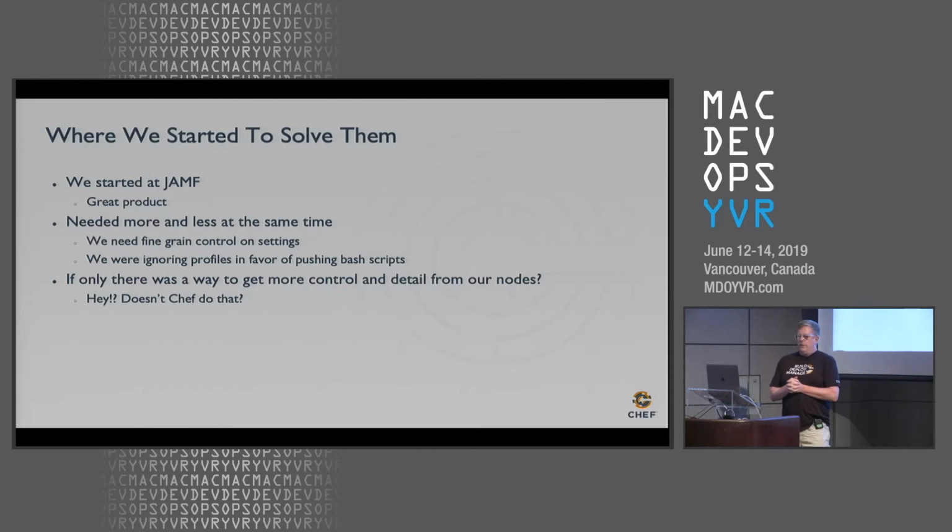So we figured we want a little bit more control and a little bit less control from Jamf at the same time. So what we ended up doing then was using Jamf to push out bash scripts that got what we wanted from the laptops.